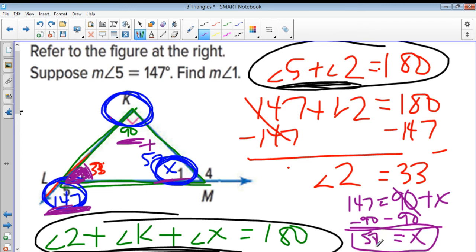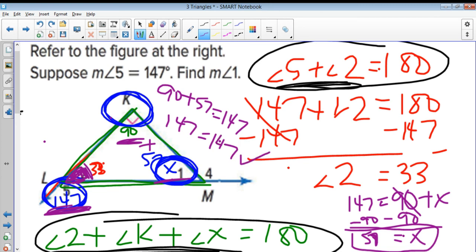There we go. We ended up with the 57 degrees again, right? And notice 90, angle k, plus angle 1, or angle x, 57, equals angle 5, 147. That's 147 equals 147. We have a true statement.